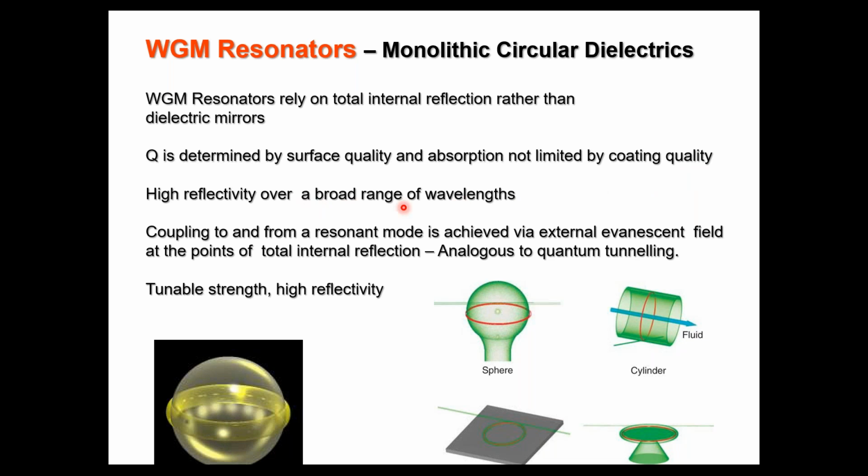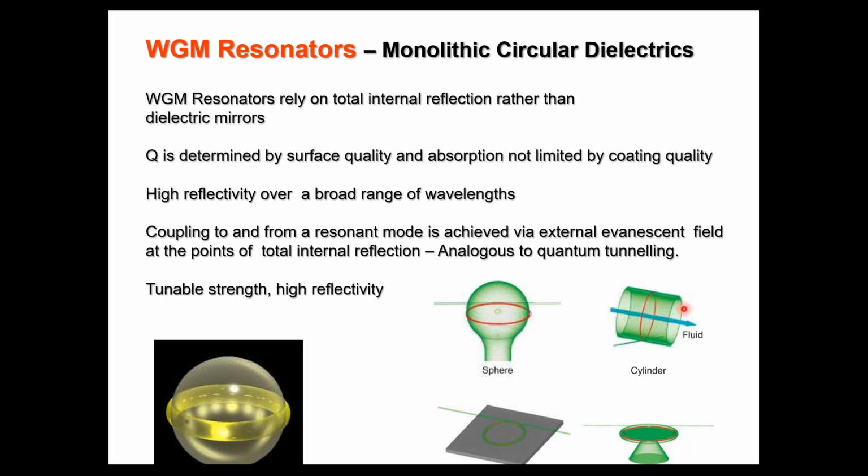High reflectivity over a broad range of wavelengths. Coupling to and from a resonant mode is achieved via external evanescent field at the point of total internal reflection, analogous to quantum tunneling that we mentioned earlier. Tunable strength, high reflectivity. So the strength can be tuned.